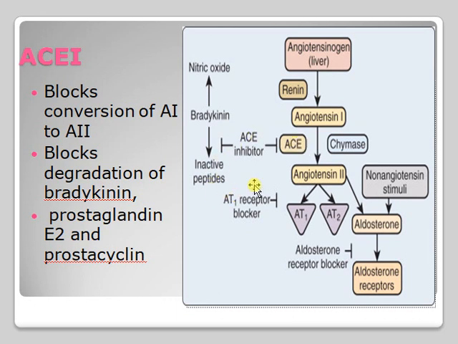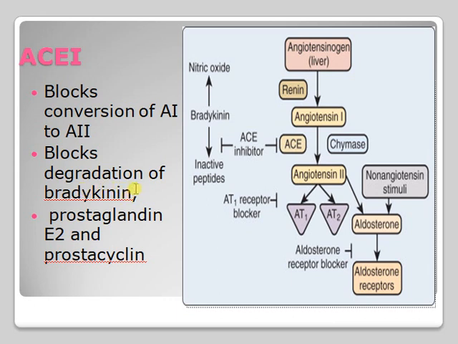And thereby they also play a role in the case of bradykinin. They block the degradation of bradykinin. We know that bradykinin is associated with different kinds of mechanisms, and it plays a role in the cough reflex mechanism also.